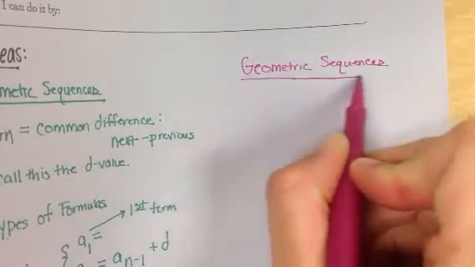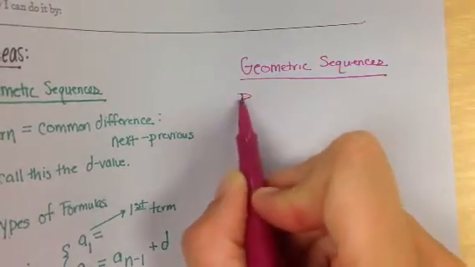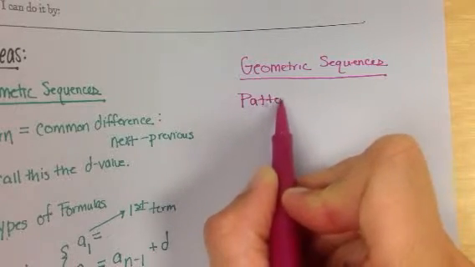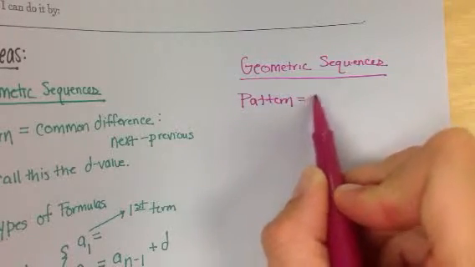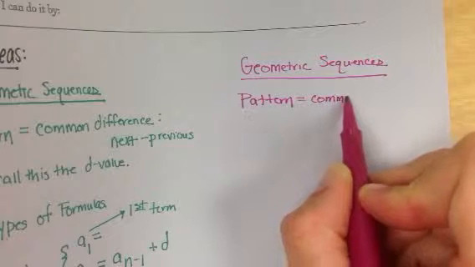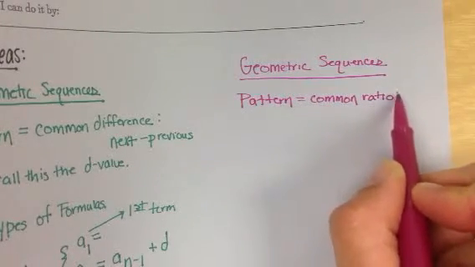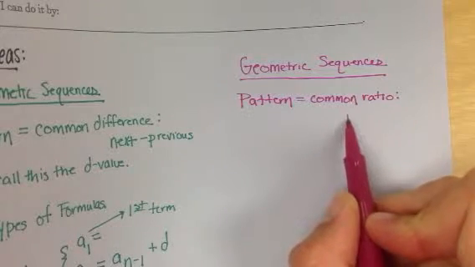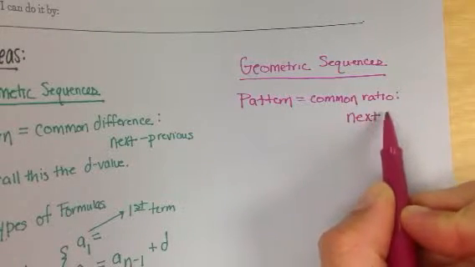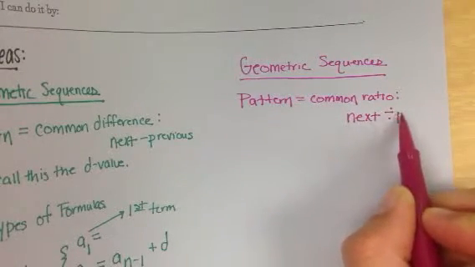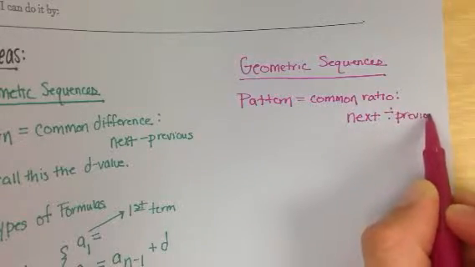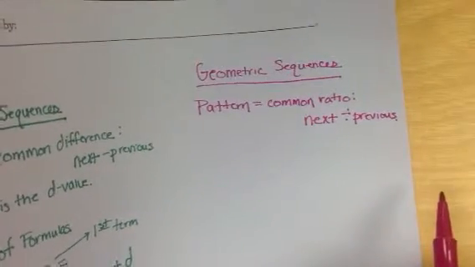Okay, and with geometric sequences, we have a pattern. And this pattern is called the common ratio. To find the common ratio, you're going to take your next term and divide it by your previous term.